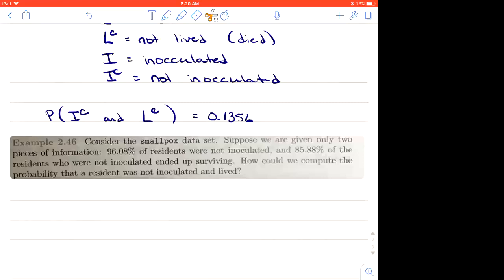So now we have this conditional probability, right? So we know that they were not inoculated, and of those, some amount ended up surviving, or they lived. How could we compute the probability that a resident was not inoculated and lived?